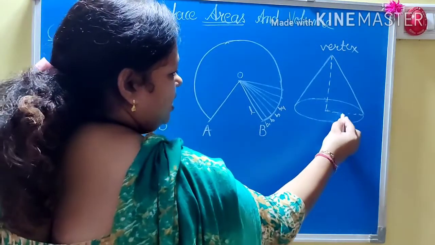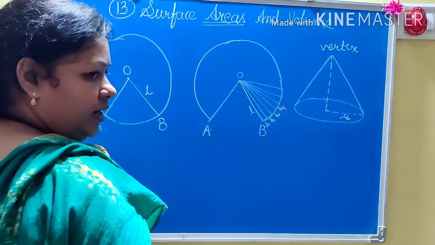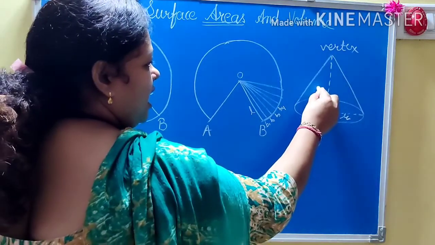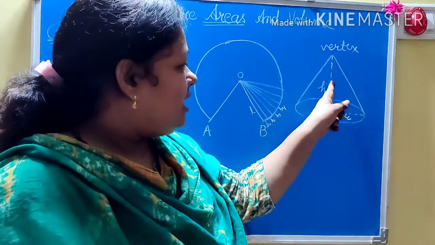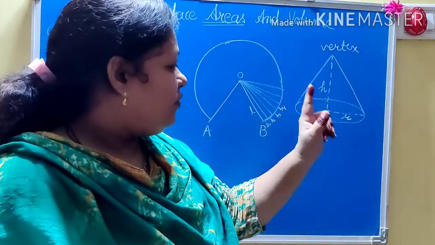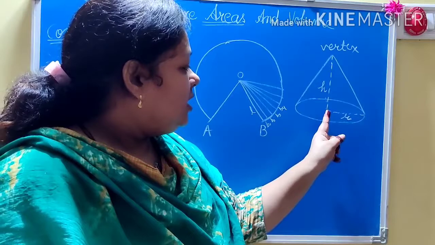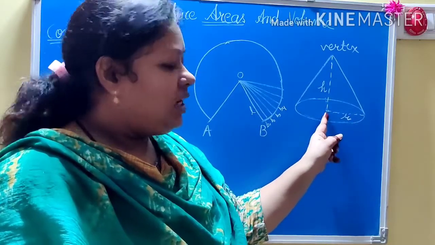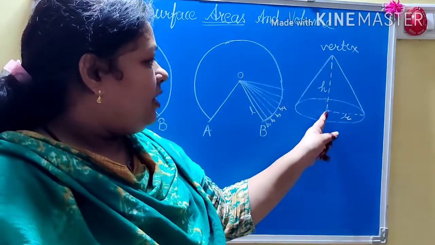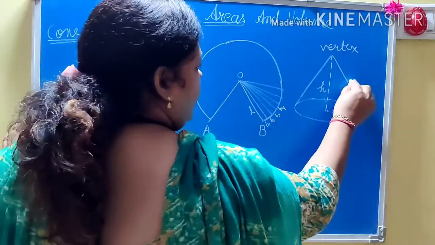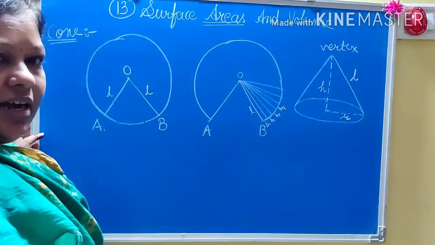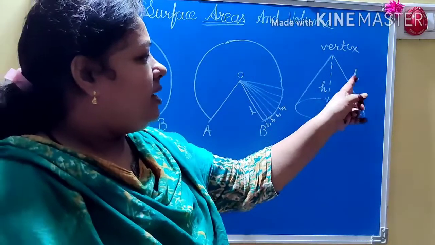This is the radius of the cone, denoted by r. This is the height of the cone, the line segment joining the vertex of the cone to the center of the circular base, that is the perpendicular height, denoted by h, and this is the slant height of the cone, denoted by l.